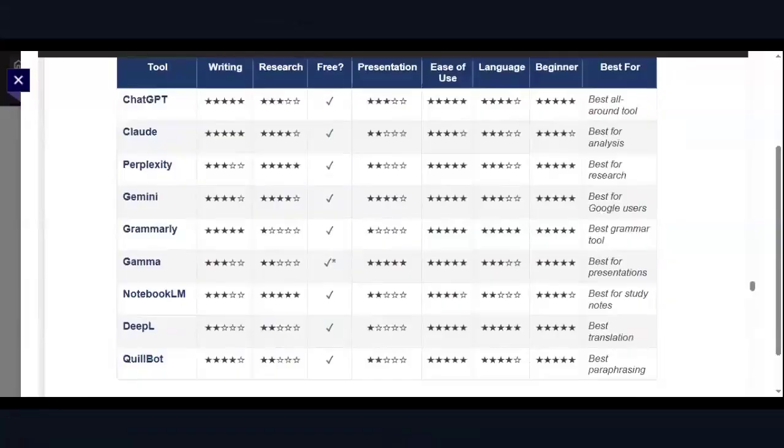Okay, and for example, you have here Chat GPT.